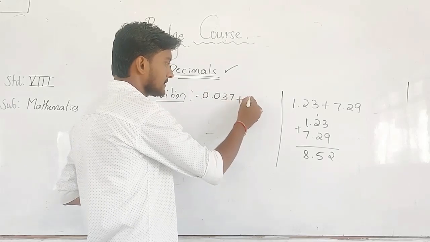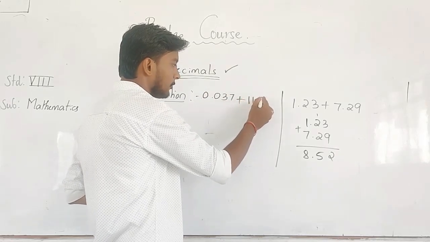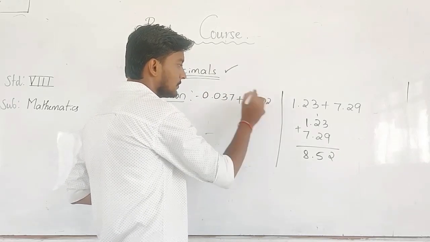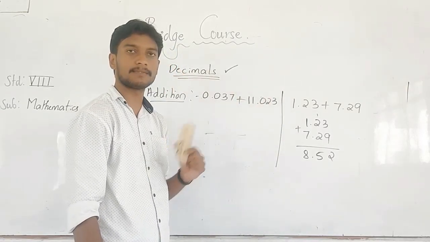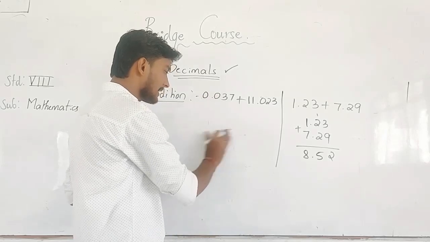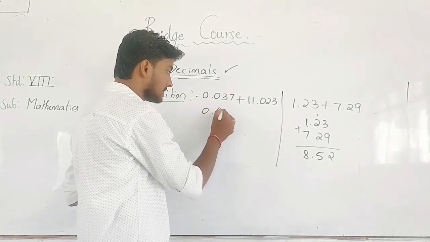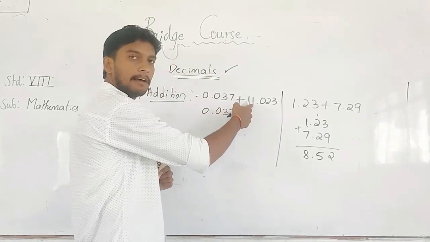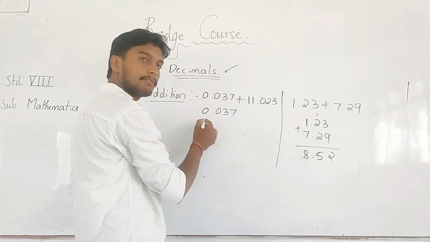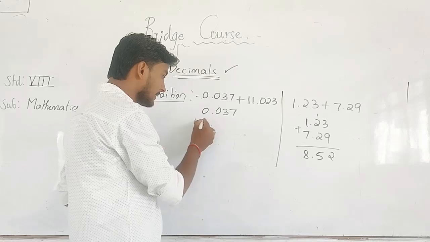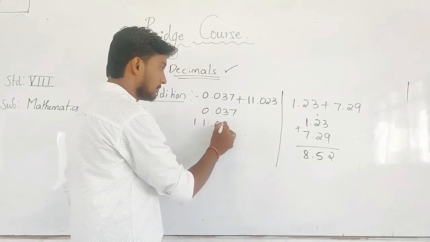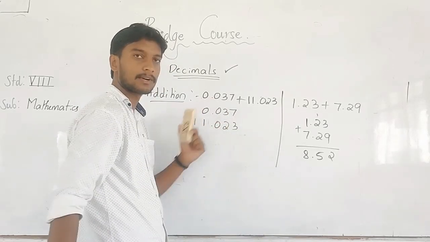One more example. 0.037 plus 11.023. These are the two decimal numbers we have to add. First write the first number as it is, 0.037. For 11.023, don't start here; below the dotted line you have to have the dotted line only. So 11 goes on this side and 0.023 on this side.